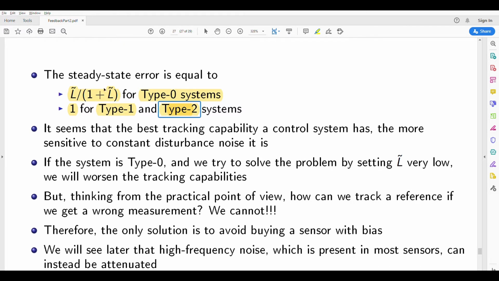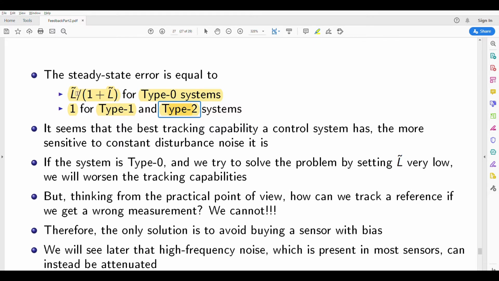Now, if you want to reduce or minimize the steady state error, we can do it only for type 0 systems. For type 1 and type 2 systems, we don't have any control, let's say. Even in the case of a type 0 system, if we want to reduce the steady state error, we need to decrease the value of L tilde.